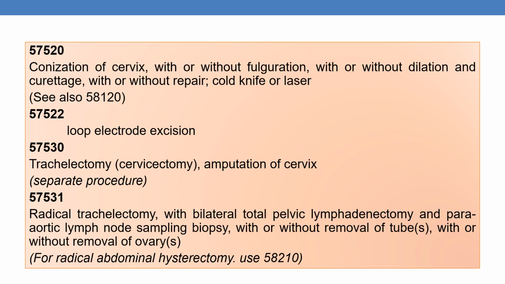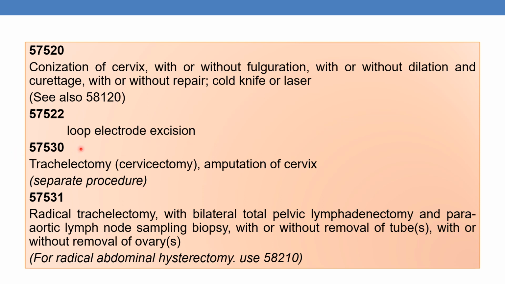The next CPT is 57520, conization of cervix with or without fulguration, with or without dilation and curettage, with or without repair, cold knife or laser technique. The next is 57522, conization of cervix with loop electrode excision.